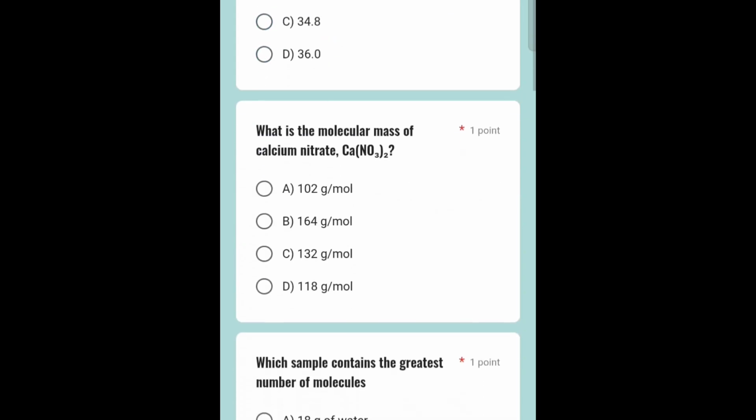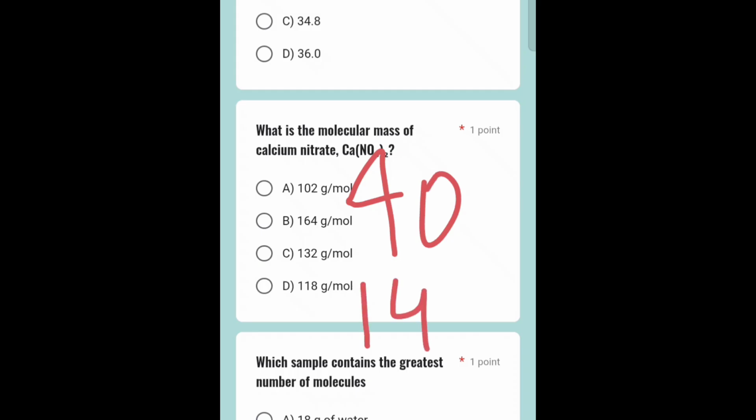What is the molecular mass of calcium nitrate? Calcium has a molar mass of 40, nitrogen is 14 and oxygen is 16.